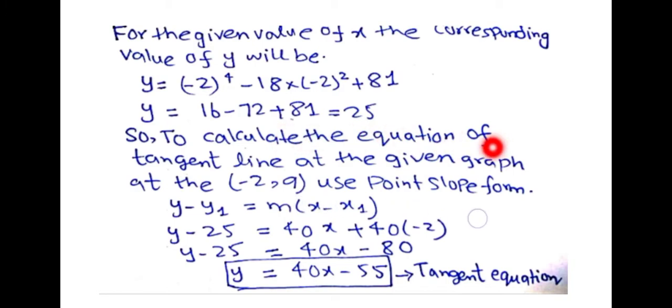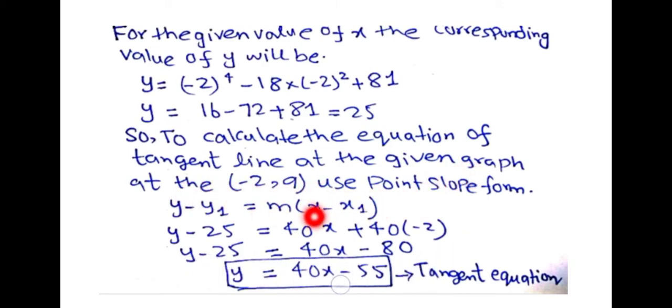So to calculate the equation of the tangent line, we use the point slope form, and we know that y is 25, x is -2, and slope is 40. Here we put y - 25 is equal to the slope multiplied with this inner term x - x1, it becomes 40x - 40x1, and the value of x1 is -2, so we replace this x1 with -2.